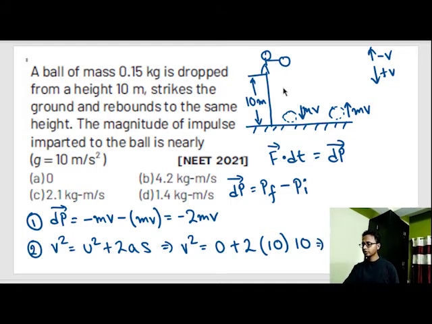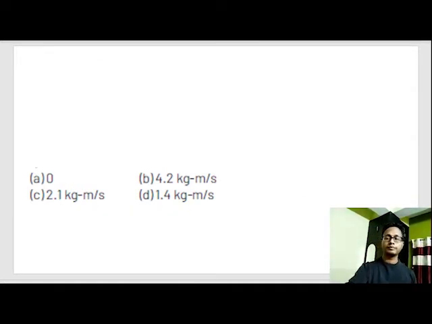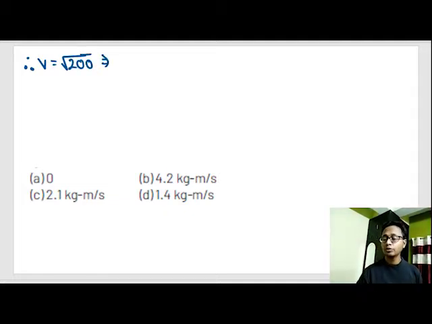So v square is equal to 200. Therefore v is equal to root 200. Root 200 is nothing but 10 root 2.